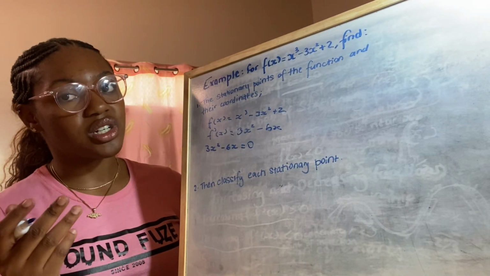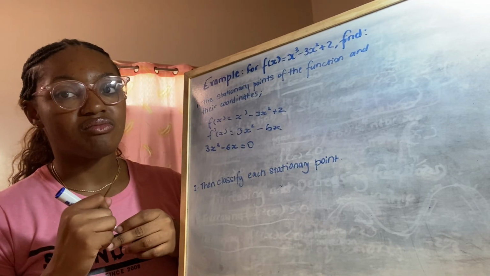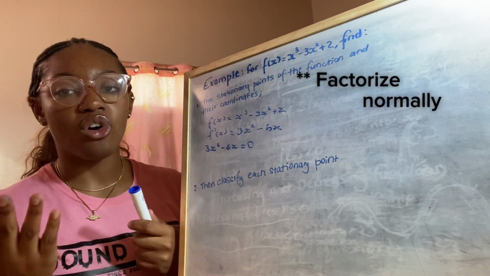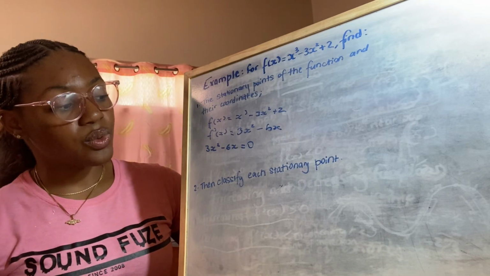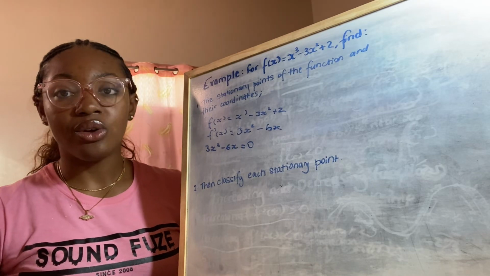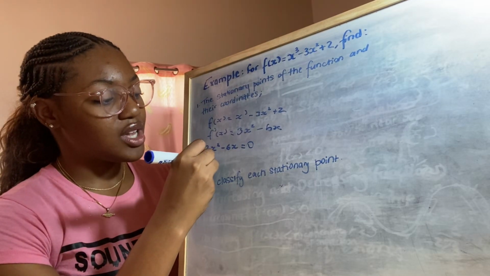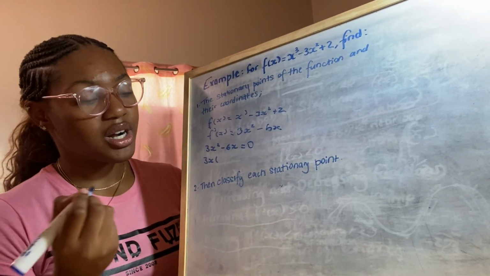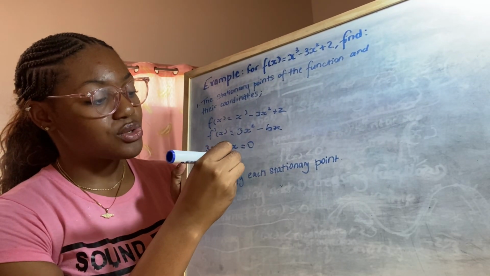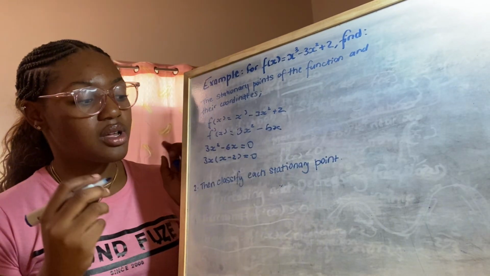Notice that this is a quadratic. However, in this case, we can just factor normally. We're looking for a common factor. Our common factor in this case would simply be 3x, and that would leave us, in brackets, x minus 2, and that would be equal to 0.